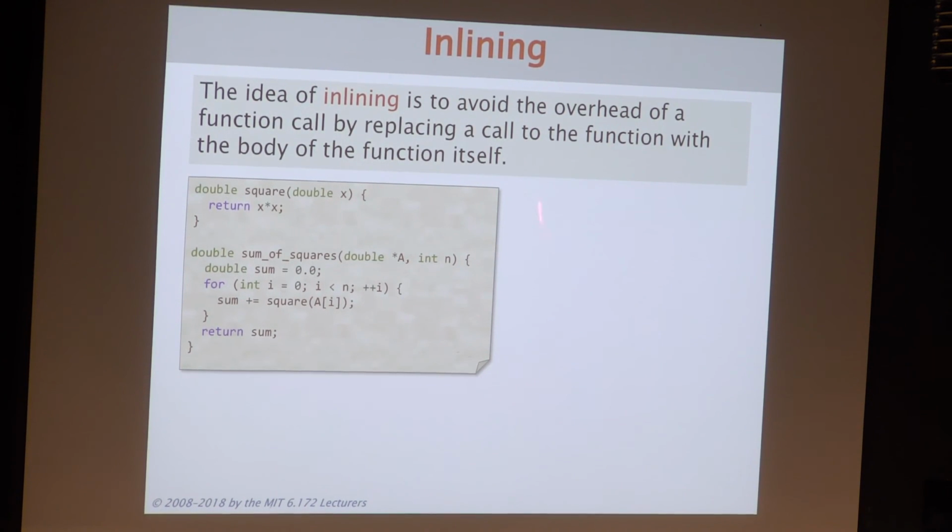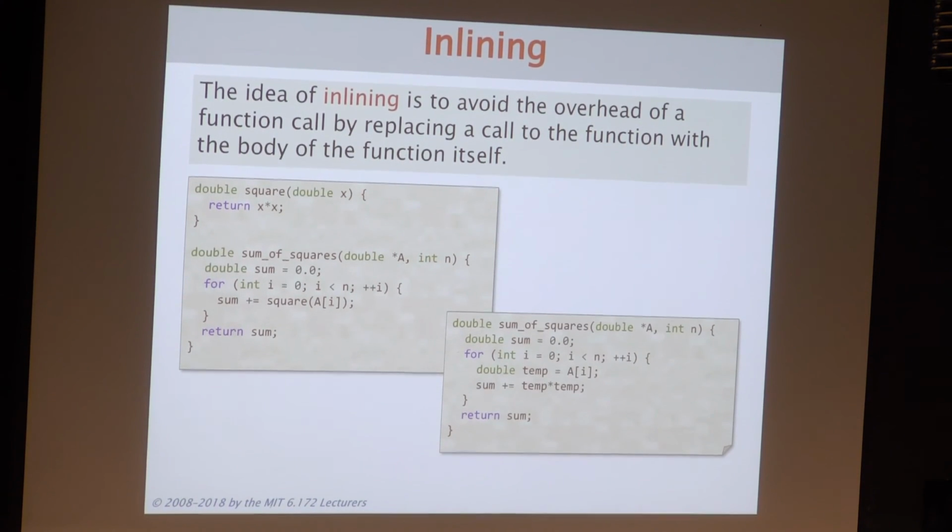But it turns out that there's actually some overhead to doing a function call. The idea here is to just put the body of the function inside the function that's calling it. So instead of calling the square function, I'm just going to create a variable temp, and then I set sum equal to sum plus temp times temp. Now I don't have to do the additional function call.